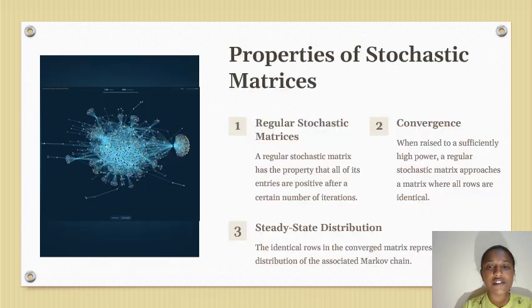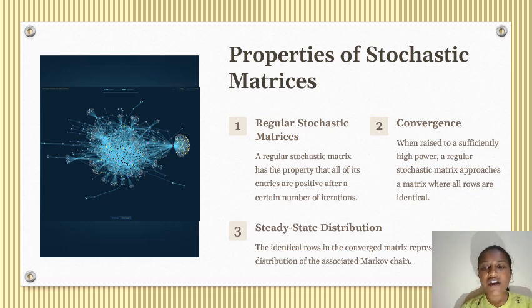Let us see the properties of stochastic matrices. Regular stochastic matrices, convergence and steady state distribution. A regular stochastic matrix has the property that all of its entries are positive after a certain number of iterations.